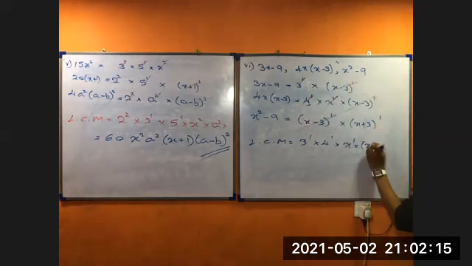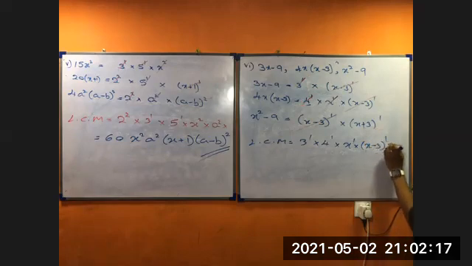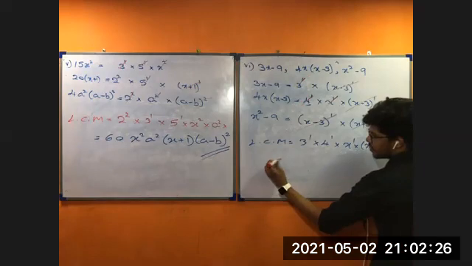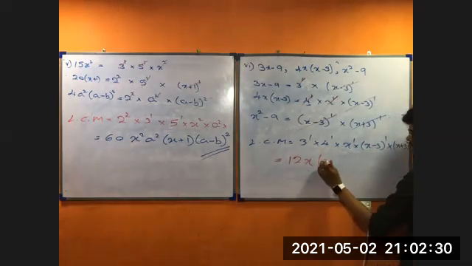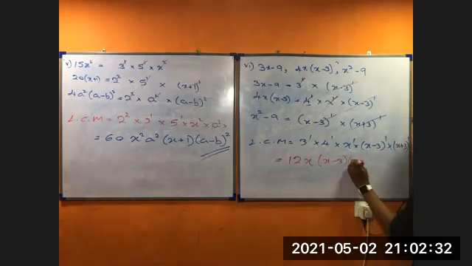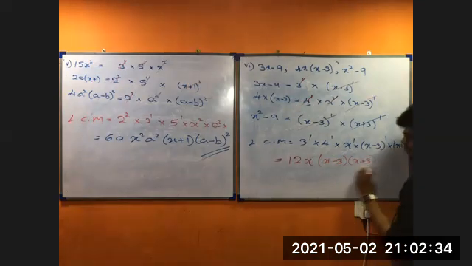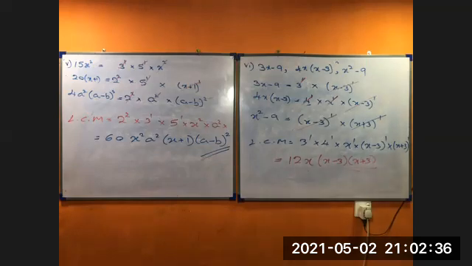So x minus 3 to the power 1 multiplied by x plus 3 to the power 1, highest power. So nothing else remaining, right? Everything gone. So what is it? 3 times 4 is 12. 12x multiplied by x minus 3, x plus 3. So this is the LCM of those three numbers.